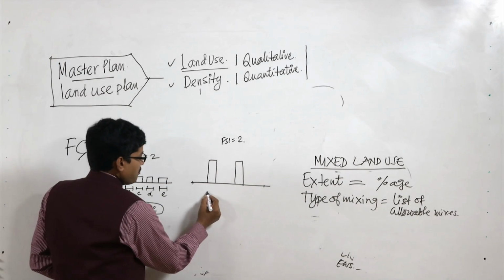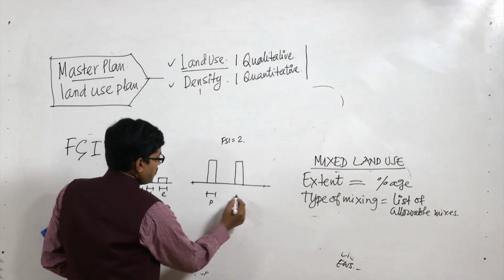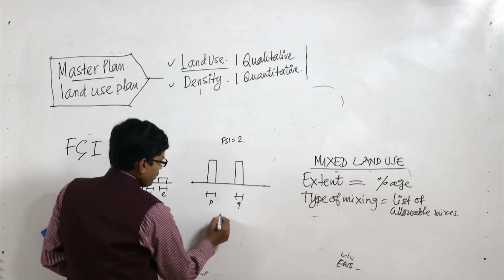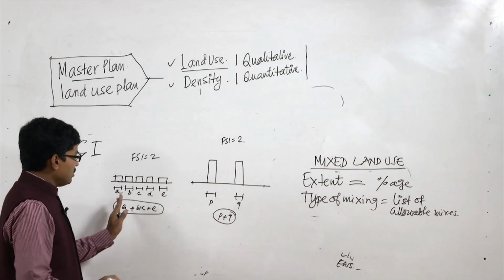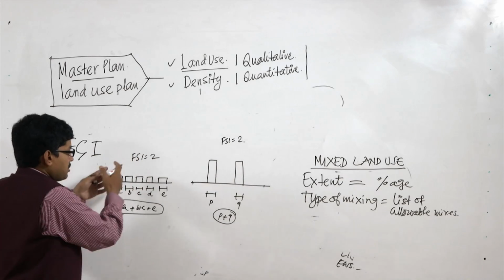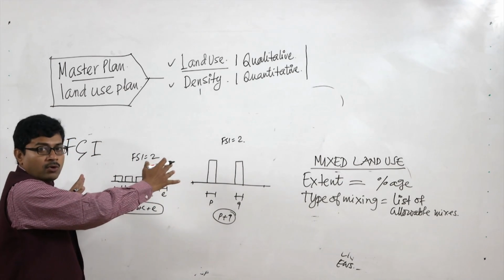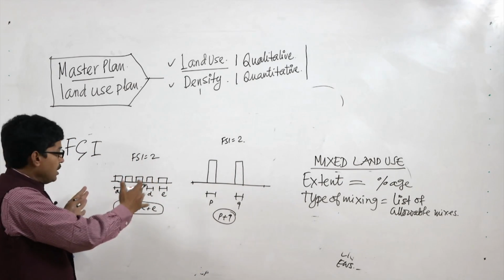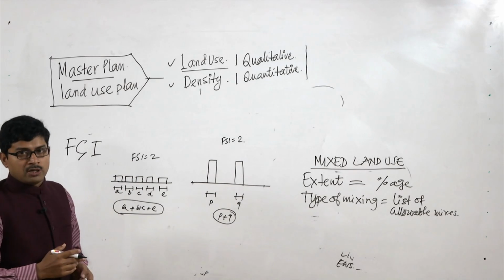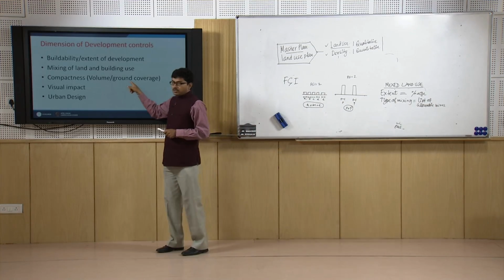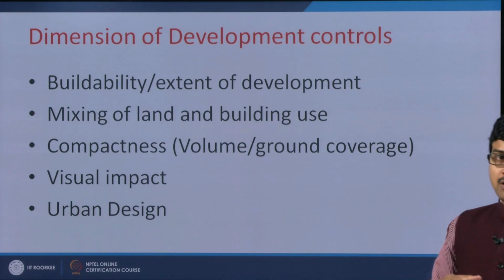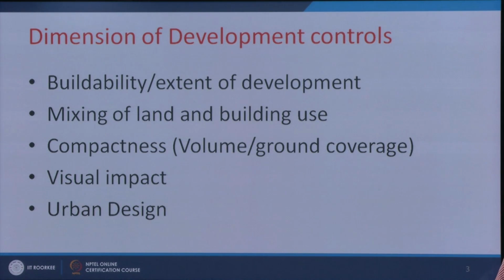Here the footprint, P and Q, is very much less, because the same area is distributed over the whole plot in a low and medium storied building. Therefore, it is the ground coverage which controls the compactness or the type of the building.